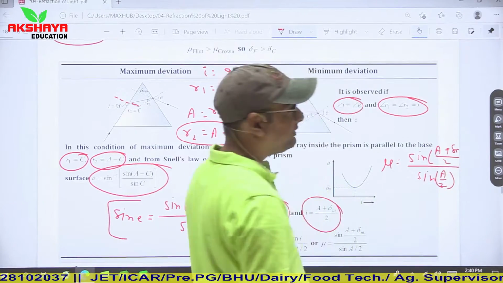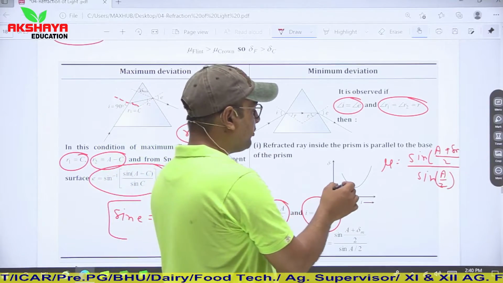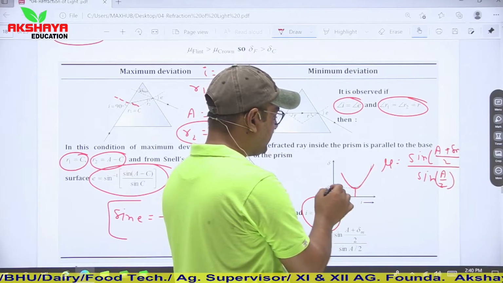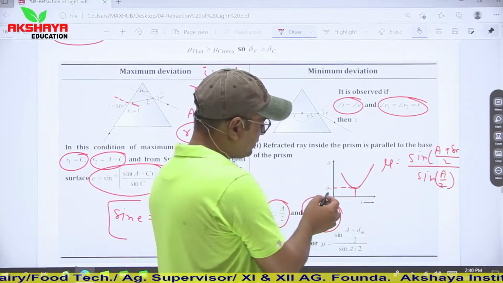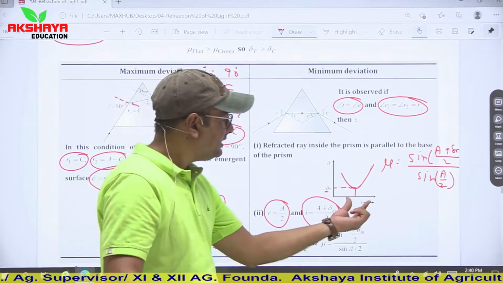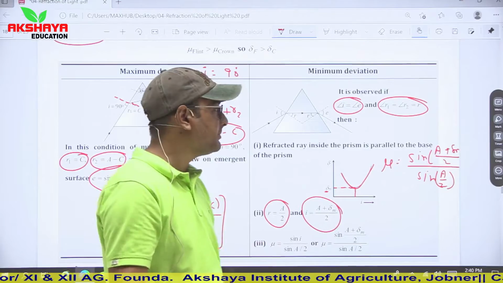So this is the refractive index in the minimum deviation case. If we plot a graph between I and del, then this relation is given by this graph. So here this minimum value represents minimum deviation, and here this is the angle I. So angle I becomes equal to this in case of minimum deviation.